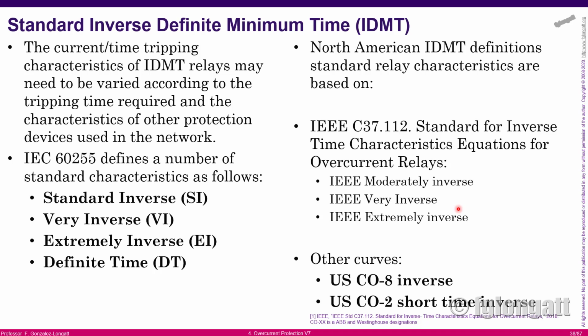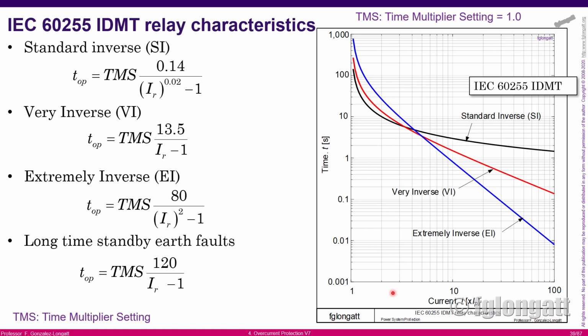And for that reason, some companies made famous relays, and there are a couple of very interesting American electromechanical relays that you can find: the CO8, that is an inverse relay, and the CO2, that is a short time inverse relay. In the next slide, I will show you the difference between using a standard inverse, very inverse, extremely inverse, and so on.